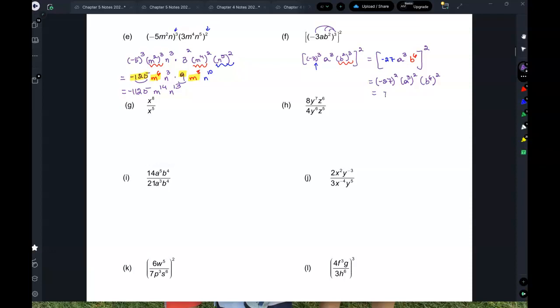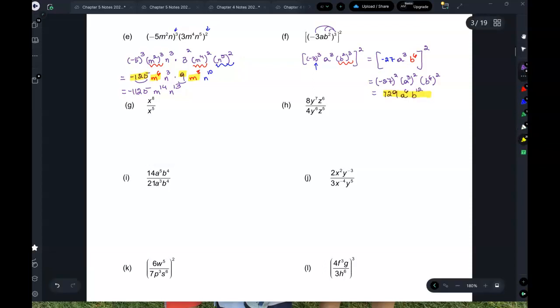So it's 729, but is it going to be positive or negative? It's going to be positive because the negative is inside the parentheses. You've got to include those parentheses. And then, Maddie, what's going to be the exponent for the A's? 6. Asher, what's going to be the exponent of the B's? 12. All right, so that's your final answer.